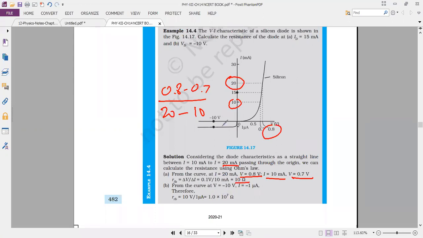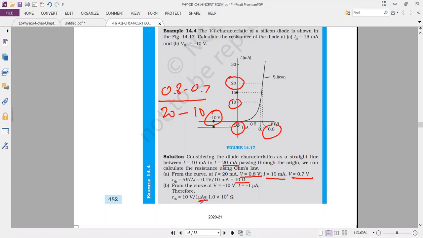Next, for the reverse, V value minus 10. That is the potential. I value is minus because of Y dash. So Y dash is a minus 1. Is the 1, that is a minus 1. Then formula V divided by I, 10 divided by 1, that is a microampere.